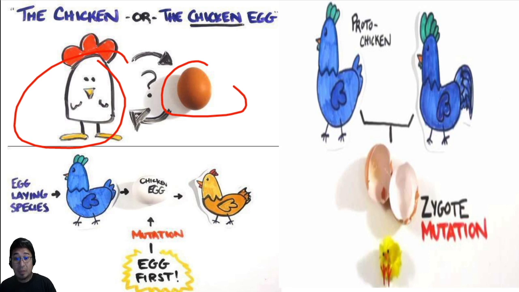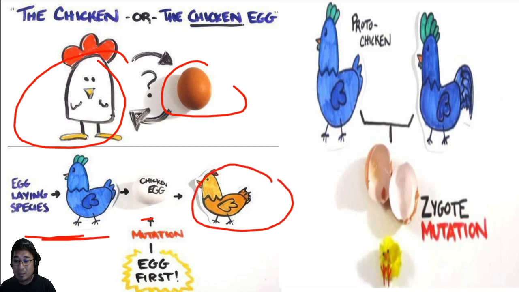If I'm going to use an argument using a major premise, now the reason why the egg goes first is because there's an egg-laying species prototype of this chicken. So yung pinanggalingan ng egg na to, na kung saan nanggaling tong chicken na to, is because my major premise is I've included an egg-laying species prototype.